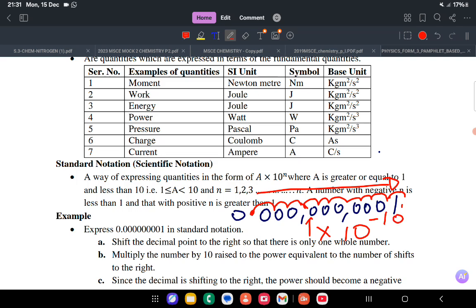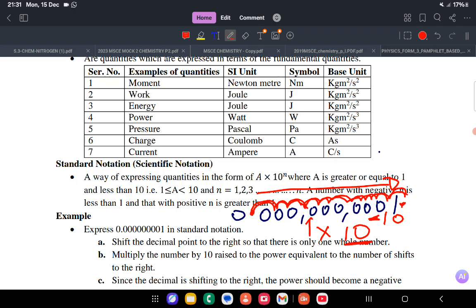Take note of that. This 10 here is just the power to which the decimal has been raised, the number of times the decimal has been shifted. So in this case, I've shifted the decimal 1, 2, 3, 4, 5, 6, 7, 8, 9, 10.